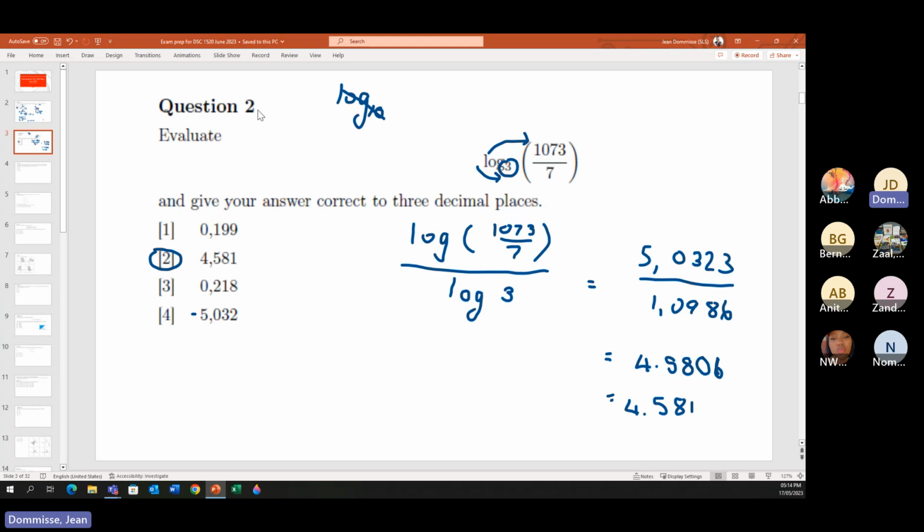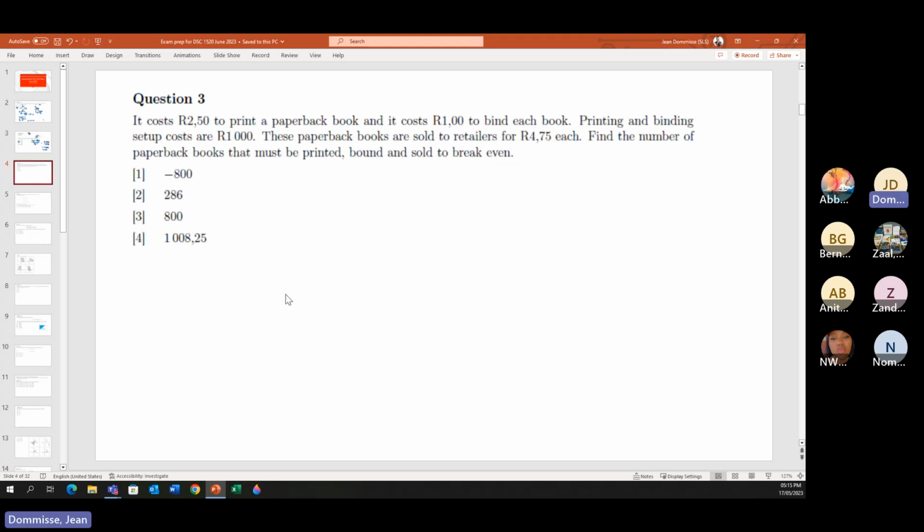So they started off with straight line, went into a log, and then suddenly they throw a third question at you, so what is happening here? Okay, so let's look at what they are asking us.